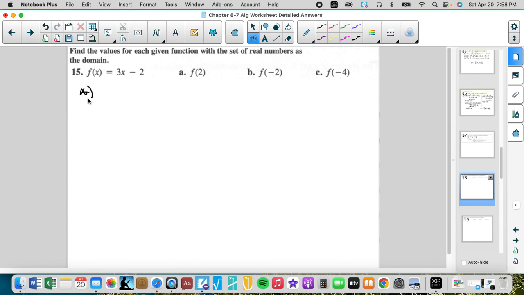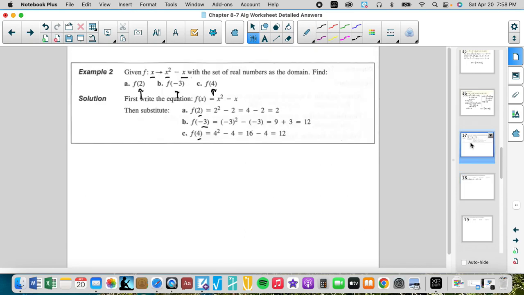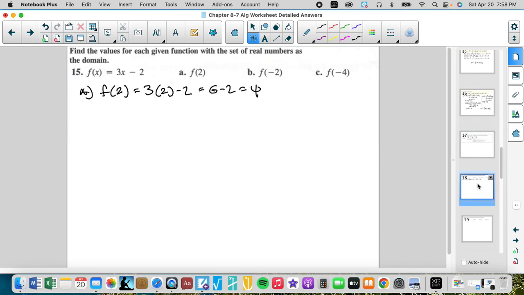So a, we'll say f of 2 equals 3 times 2 minus 2, which is 6 minus 2, which is 4. Now, let's see, do they rewrite it? No. So they just leave it at that. B, f of -2, so we have 3 times -2 minus 2, which is -6 minus 2 is -8.